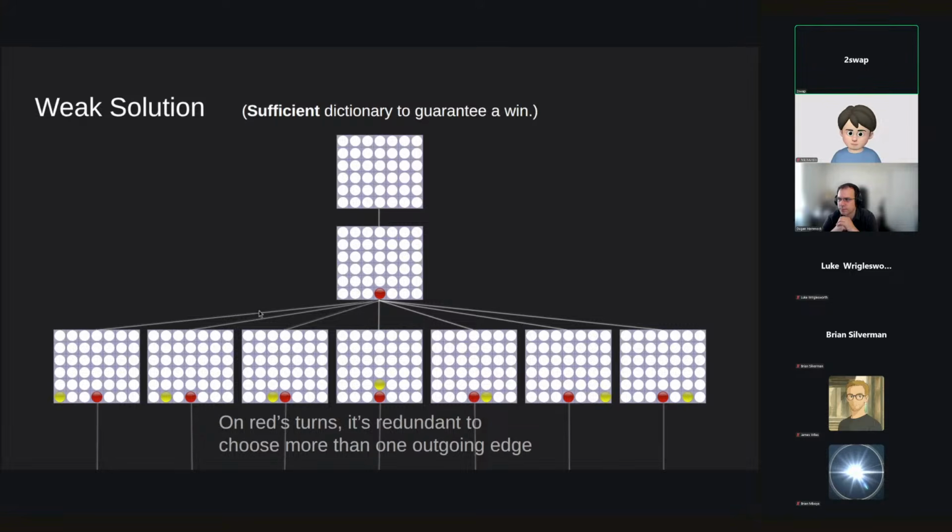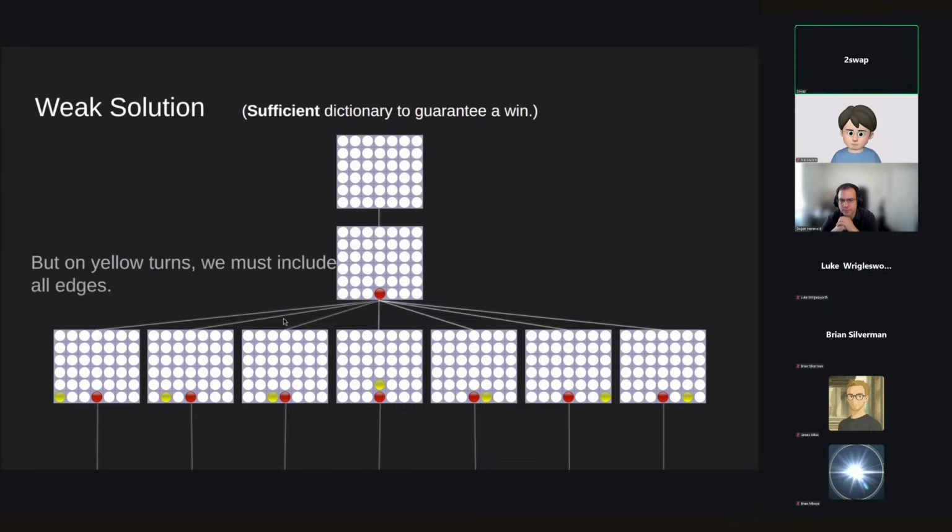Compare that to the yellow to move nodes, where we have to include every single edge, right? Because yellow could do whatever adversarial trick they want to, and we have to account for all of that. We have to know what to do in any possible continuation of what yellow decides to adversarially throw at us.